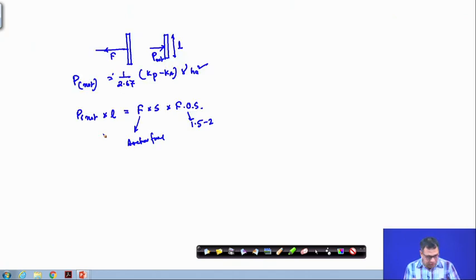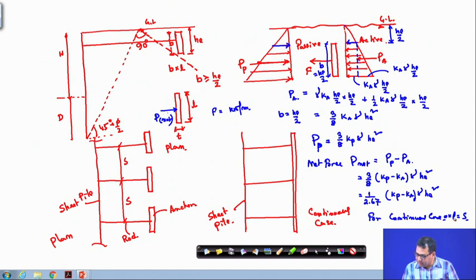Now, if it is continuous, then I can write that L is equal to S, because in that case this is continuous. So, in that case L will be equal to S. This will be the L if it is continuous.